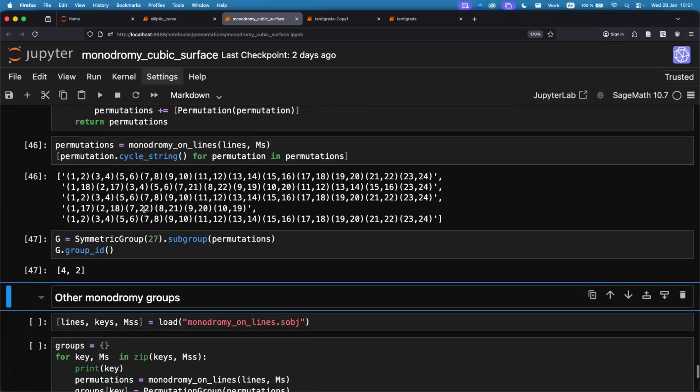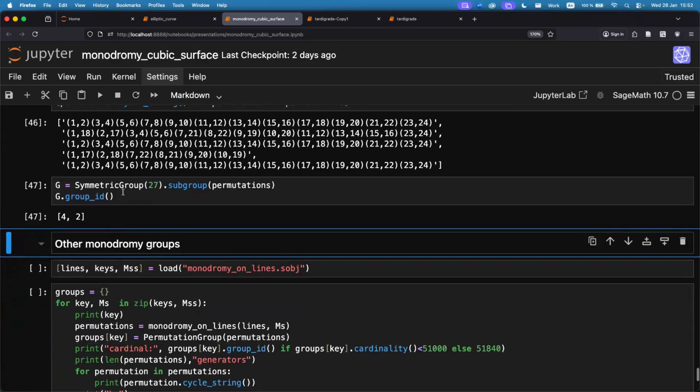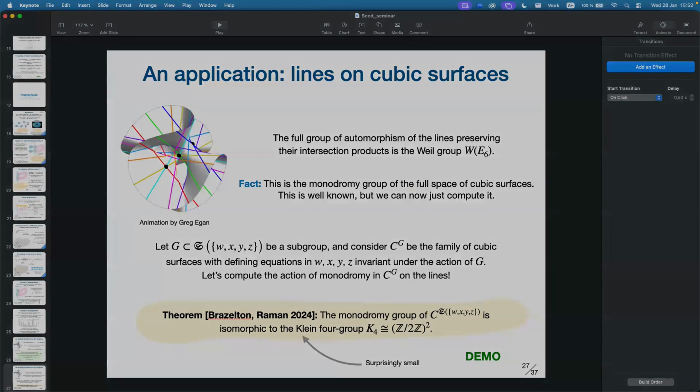And then you look at the group generated by all these matrices, and you find that it has order 4, and then you can ask also what precisely it is. And it turns out to be the type 4 group. Okay.